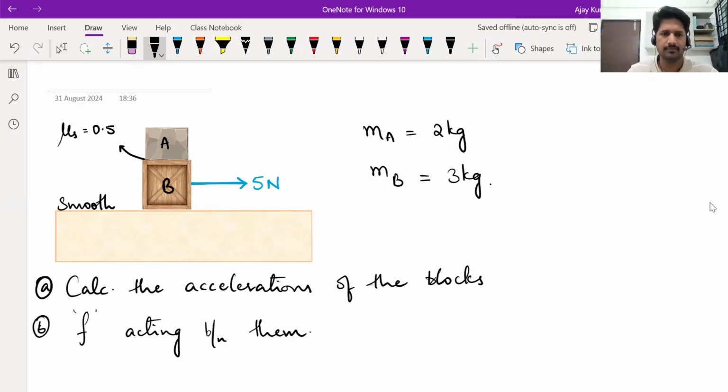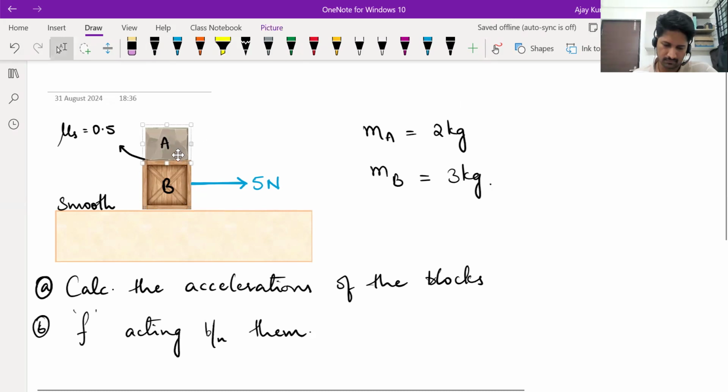Think of an approach. How to do this? Any ideas?